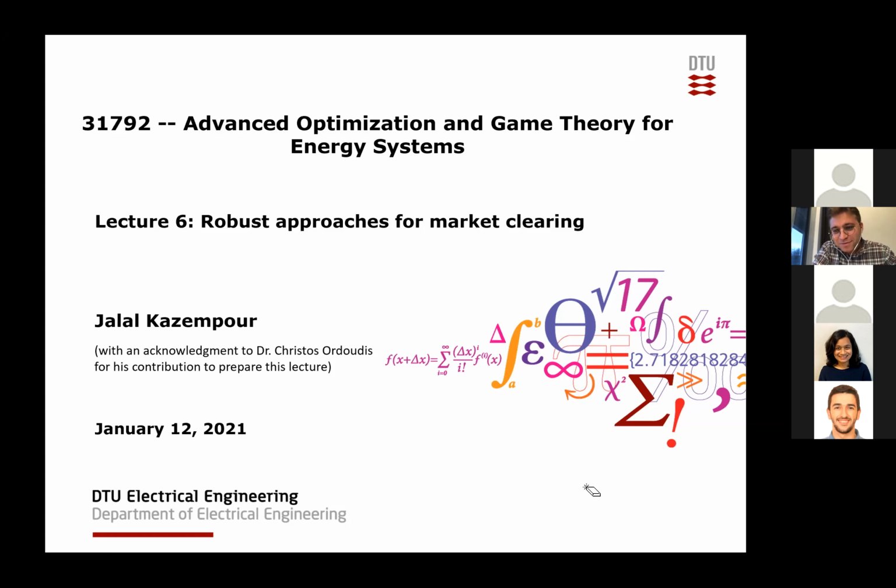Good. So some recap from the previous lecture, because we will use the same example as in the previous lecture. Under the stochastic market setup in optimization form, we are seeking to minimize the total operational cost of the system in day ahead plus the total expected operational cost of the system in real time.